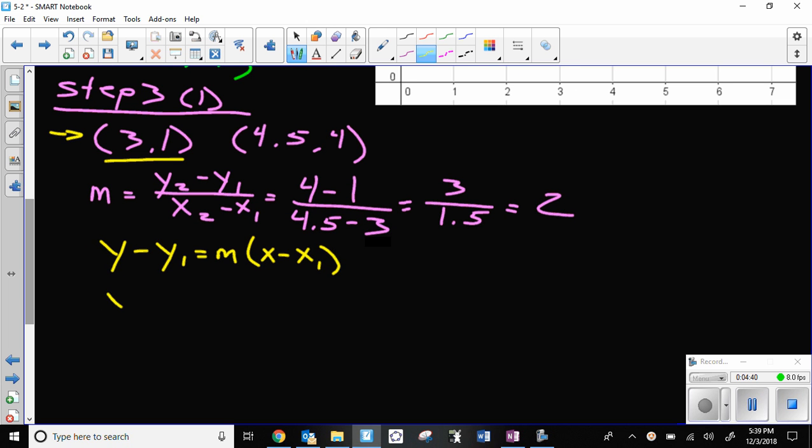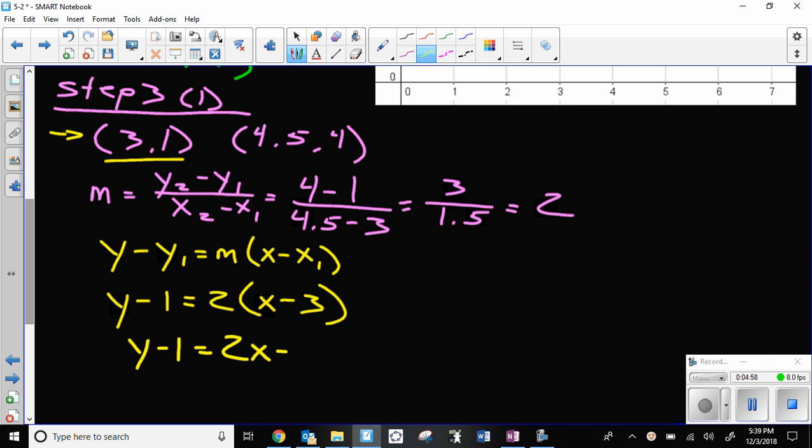So we've got y minus the y coordinate of my point equals my slope times x minus the x coordinate of my point. We'll simplify this. So I've got y minus 1 equals, and I'm going to distribute on this side, 2x minus 6. And I'm going to add 1 over to get y equals 2x minus 5. And I'm going to put a nice star next to that because I'm going to need that for later.